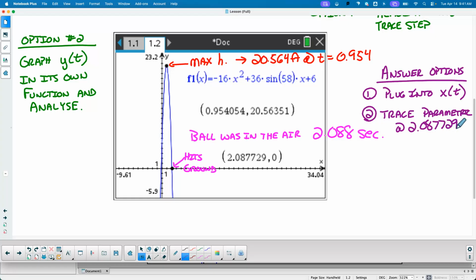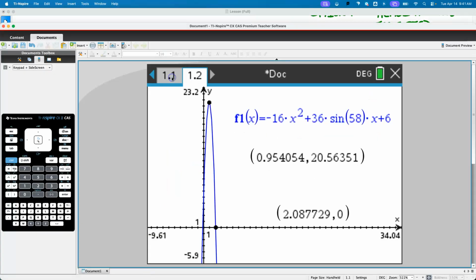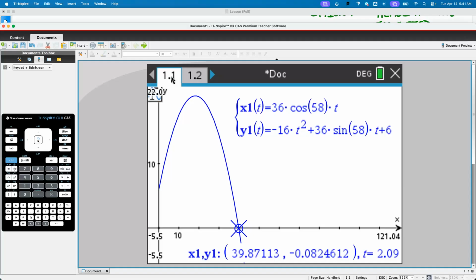I will show them both to you. I can click on that to get back to my graph. I'm already at that one. So I want 2.087729, and it takes me to pert near 0. Yes?